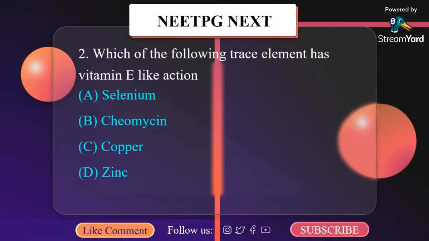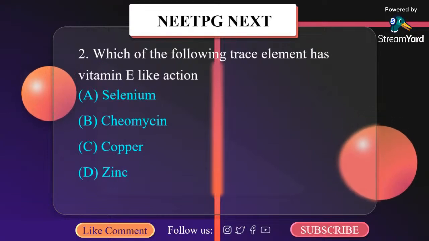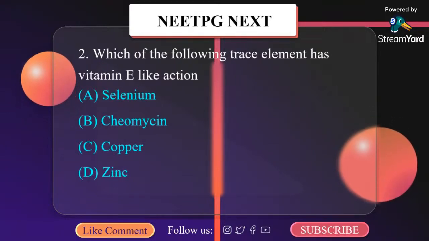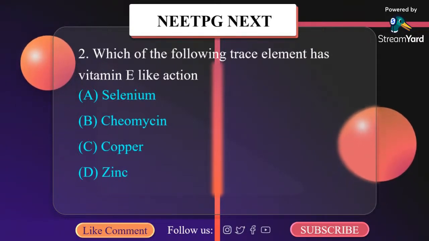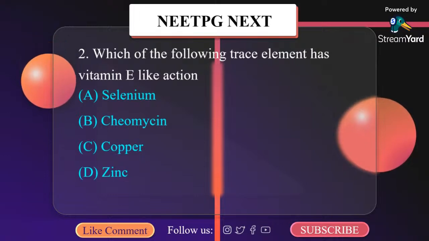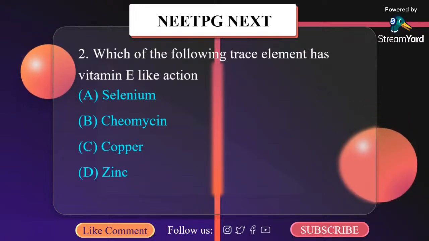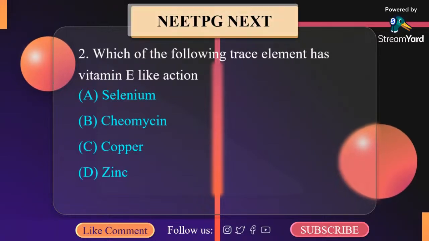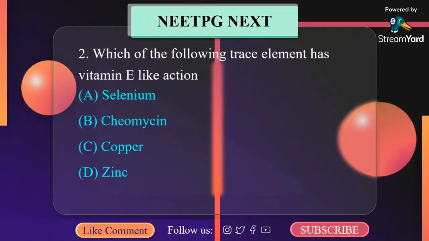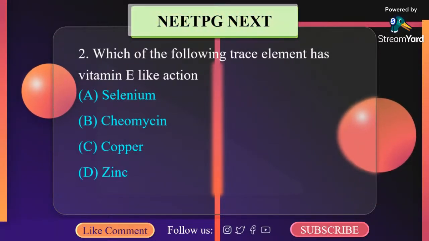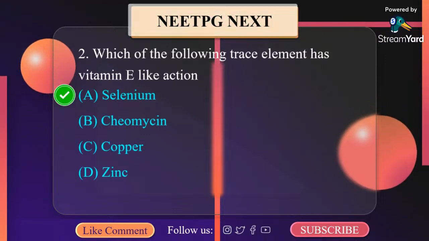Which of the following trace elements has vitamin E-like action? A. Selenium, B. Chromium, C. Copper, D. Zinc. Your time starts now. It is selenium.